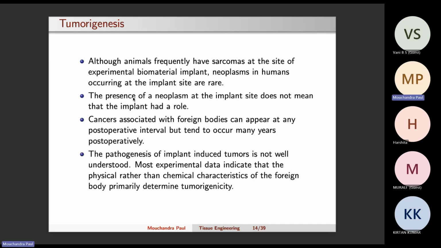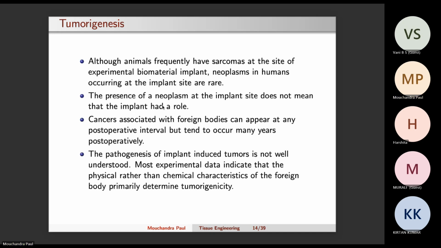But again, if a tumor has formed at the site of the implant, it doesn't necessarily mean that the implant had a role. In order to prove that, you have to use that variant of Koch's postulate.